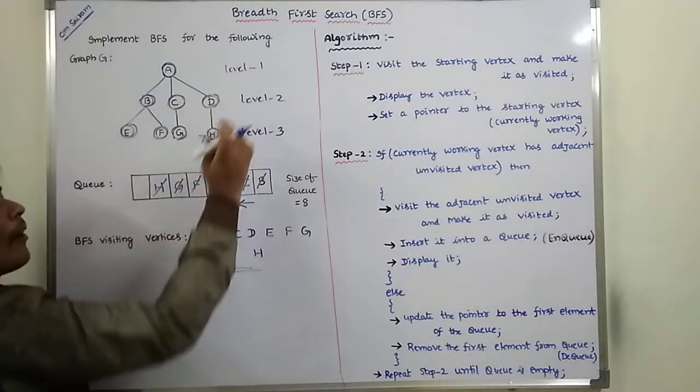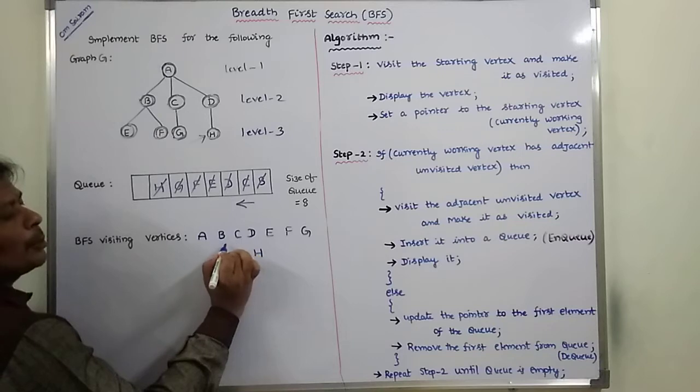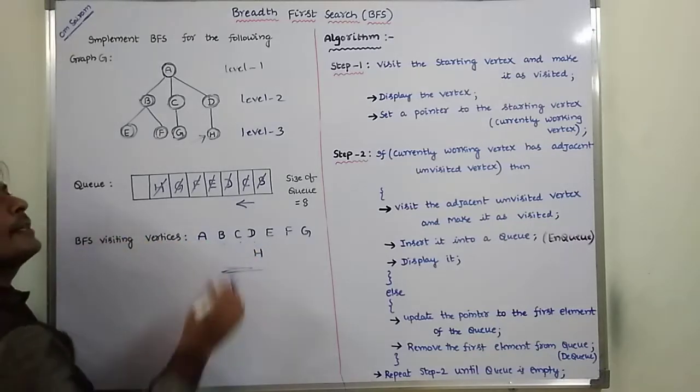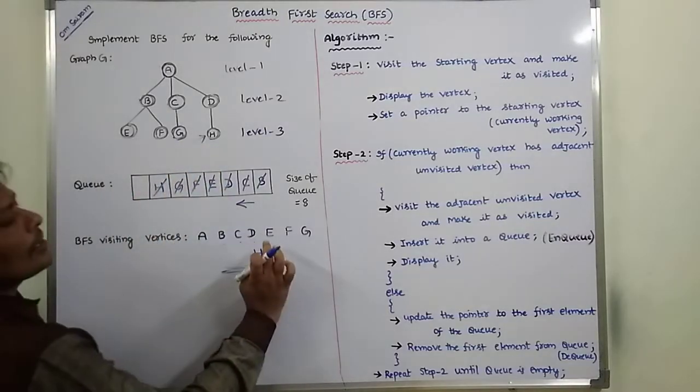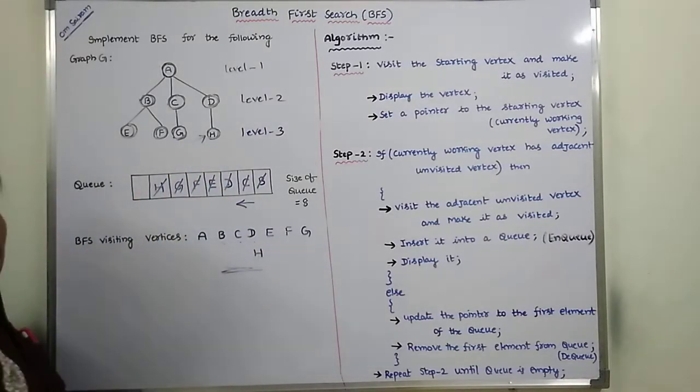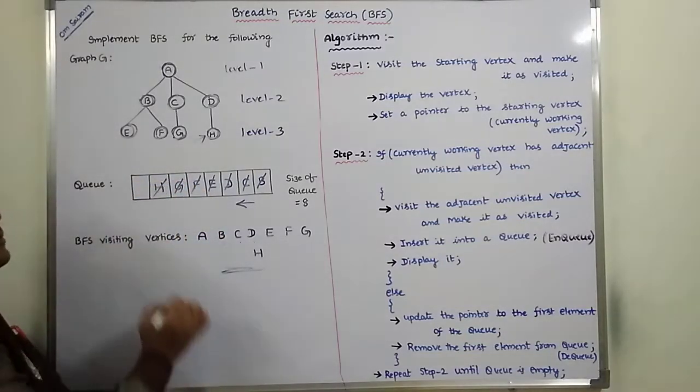We have to visit all the vertices in level 2, B, C, D. Next, visit all the vertices in level 3, E, F, G, H. So this is the visiting of vertices for a given graph G using BFS. For that purpose, we use the Q data structure. This is the procedure we have to follow.